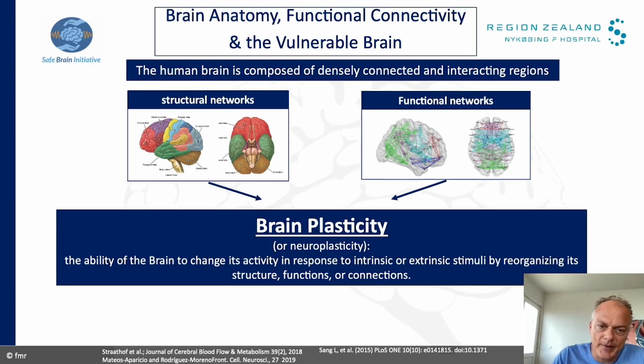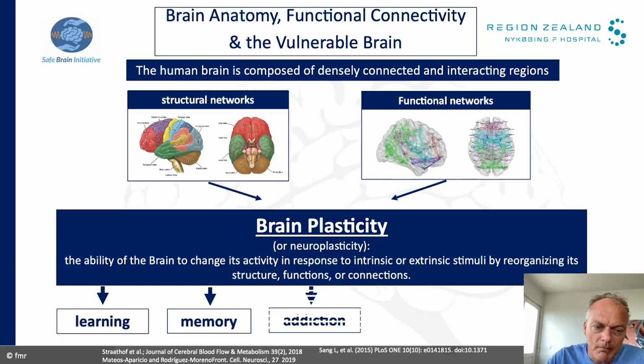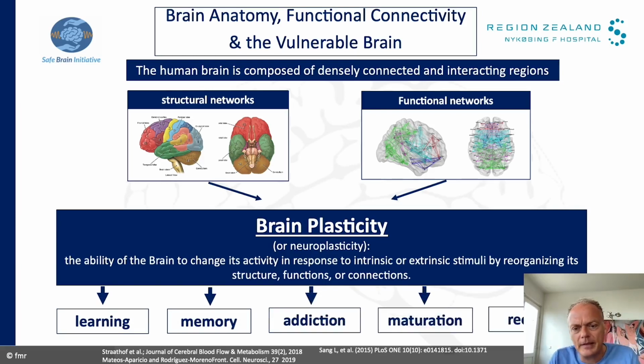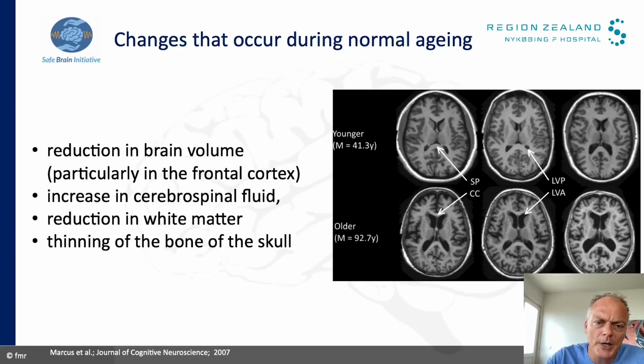The younger, the more robust, the better the brain can cope with all new challenges, including learning, memory, addiction forming, maturation, and, what is most important here for this discussion, recovery from the surgical anesthesia trauma or stress. And we know that our brain, or the plasticity of our brain, decreases over time.